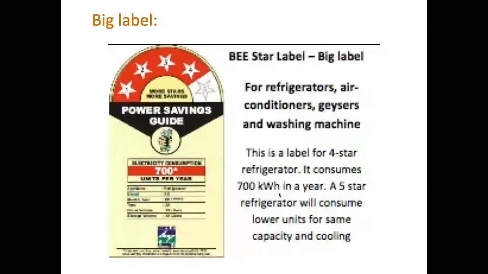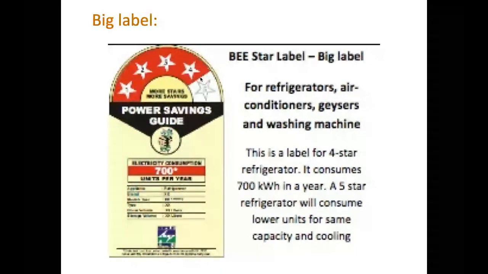Here we can say that for 700 kilowatt hours in a year, a 5-star refrigerator will consume fewer units for the same cooling capacity, right? So this is the 4 rating. If it is a 5-star rating, again it would consume fewer units than this 4-star unit.